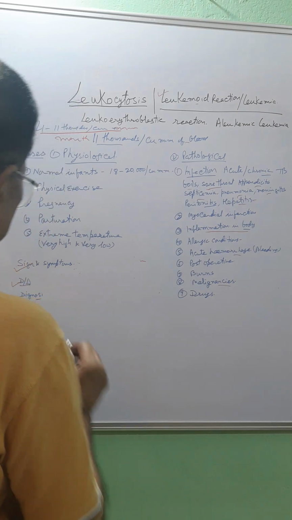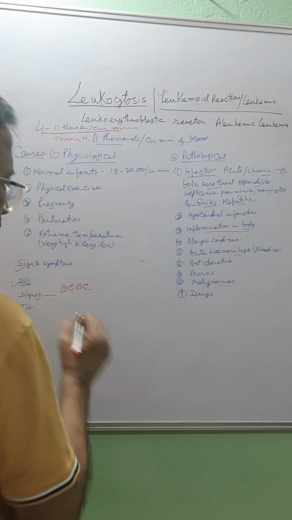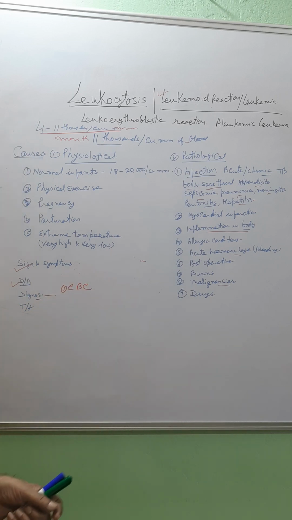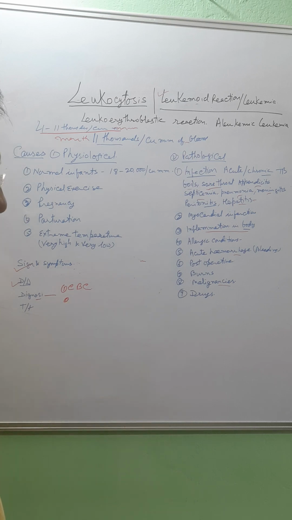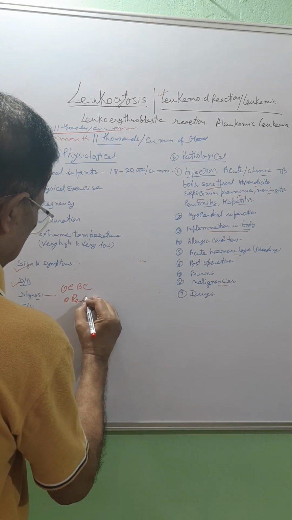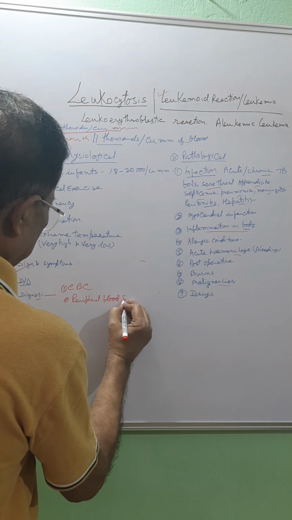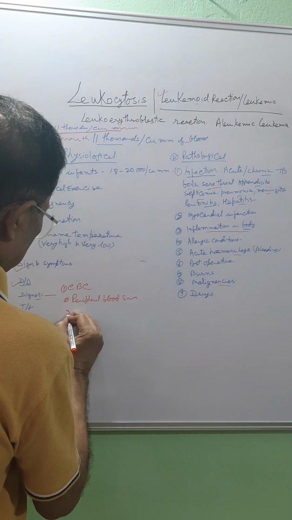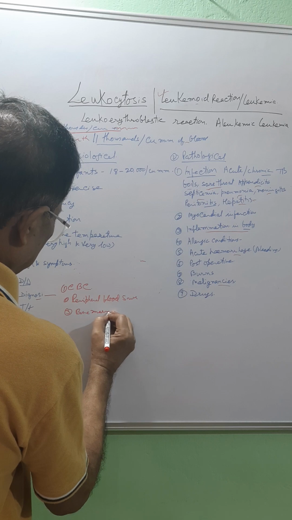Then diagnosis. How will we diagnose it? Diagnosis is by complete blood count, CBC. Complete blood count will show the number of leukocytes and the number of other types of WBC, that is neutrophil, eosinophil, basophil, monocyte, and lymphocyte. A peripheral blood smear will also show this, and bone marrow examination.